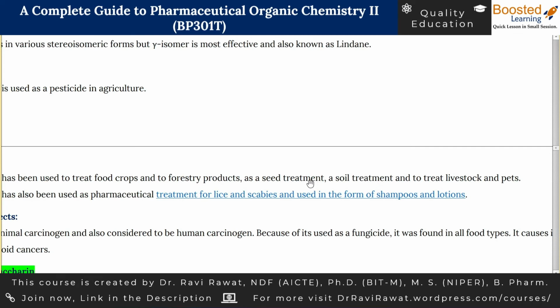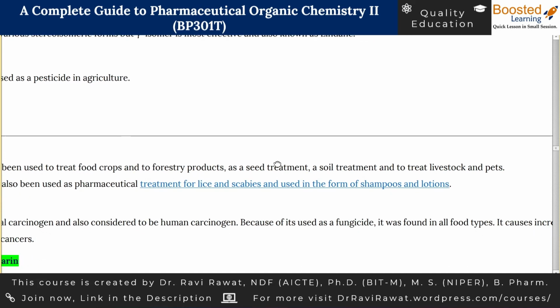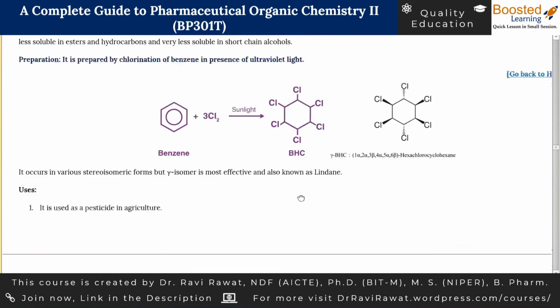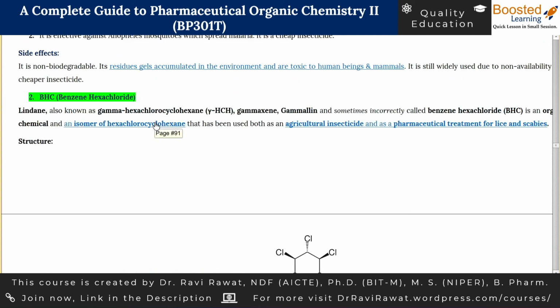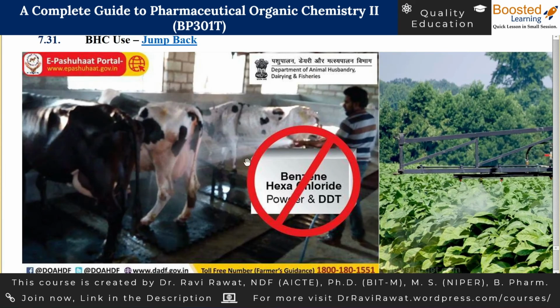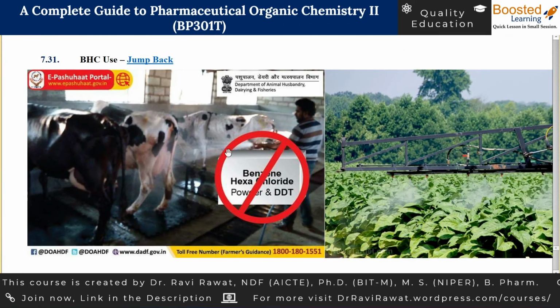If you treat any seed with BHC and put it in the soil, the seed has higher chances of becoming a plant because it has protection against insects. It is also used for the protection of livestock and pets. These animals can be sprayed with BHC in order to keep them insect free.